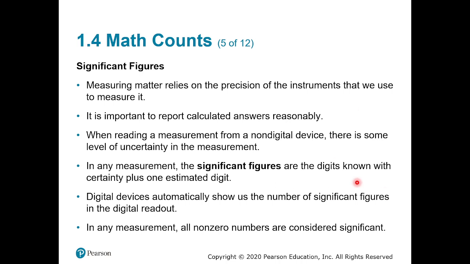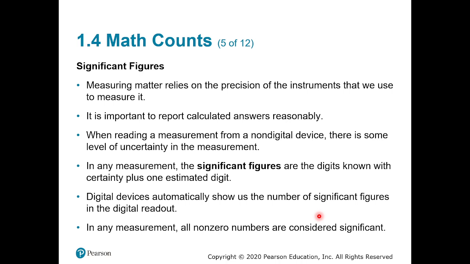So in any measurement, the significant figures are going to be the digits known with certainty plus 1 estimated digit. So you're always going to estimate 1 more digit in any manual measurement you make. Okay, because you can estimate the spaces between the lines on like a ruler quite well. Digital devices will automatically show us the number of significant figures in the digital readout, so you don't have to estimate anything. You just read all the numbers on the readout and report all the numbers on the readout.